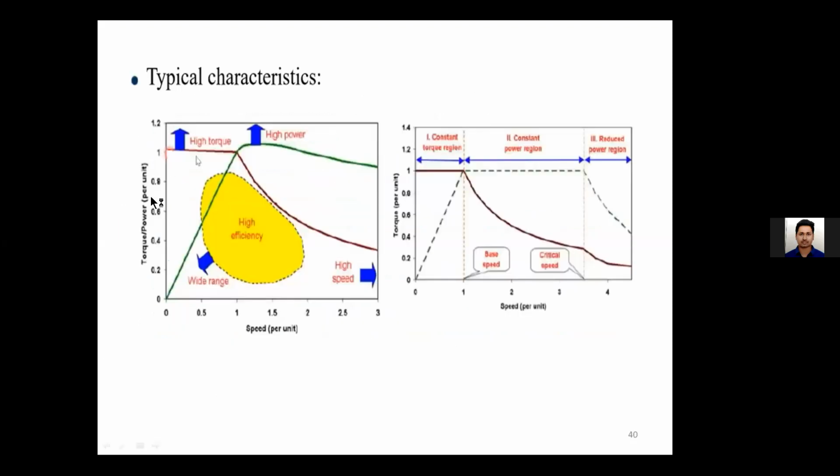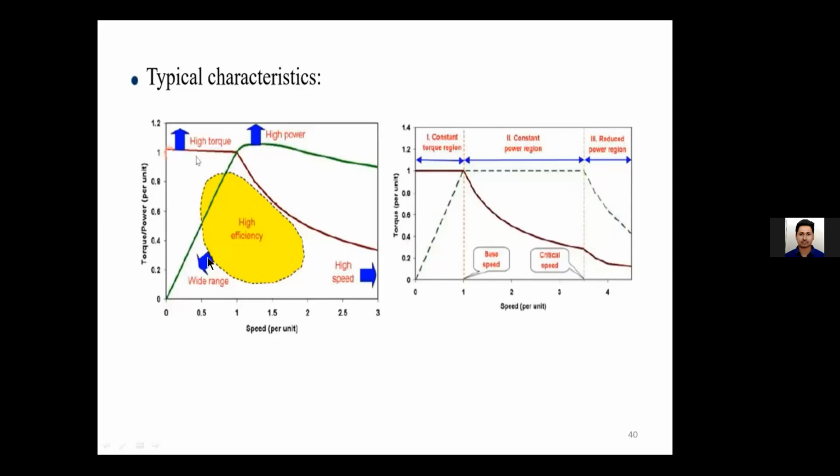These are the typical motor characteristics we are talking about here. With respect to the speed, in some region it has a higher torque, and in this particular region it has a higher efficiency. Higher efficiency is one of the major performance parameters which needs to be taken care of.